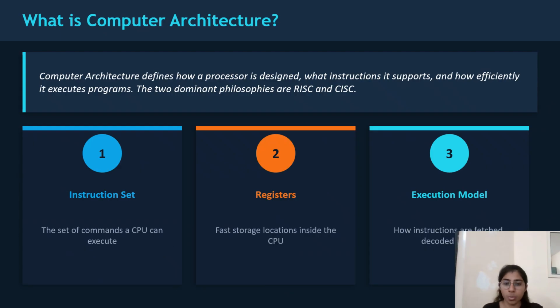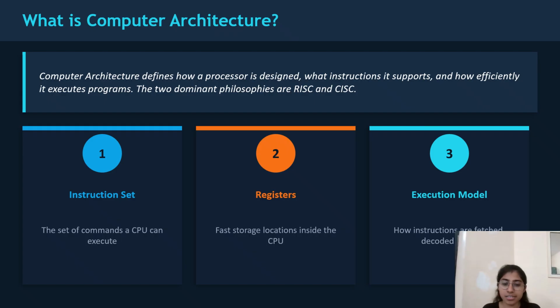So, what is computer architecture? Before jumping into RISC and CISC, let us first understand what exactly computer architecture is. Computer architecture is basically the design philosophy of a processor. It defines three key things. First, the instruction set, meaning what commands or operations the CPU is capable of performing.